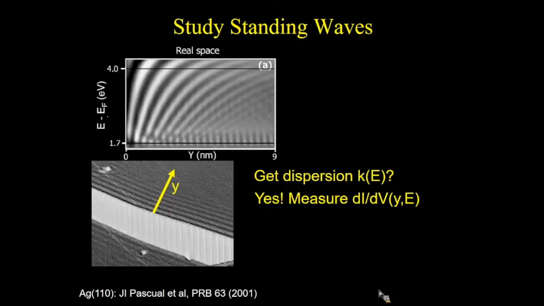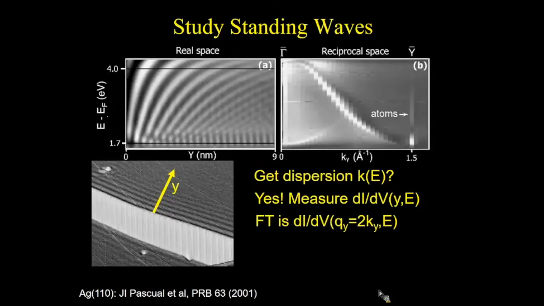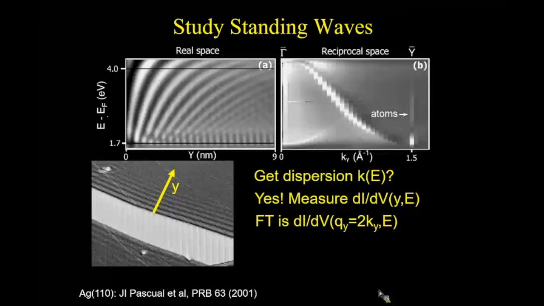Here's the real space density of states as a function of energy and as a function of displacement from the step edge. And if you take the Fourier transform of that, the Fourier transform tells you what the differential conductance is at a fixed Q. In this case, Q is equal to 2 times Ky, and the energy.